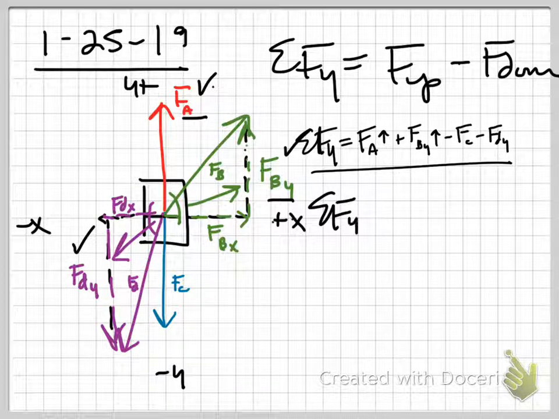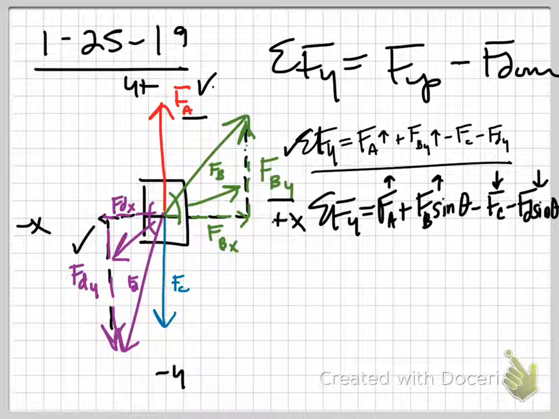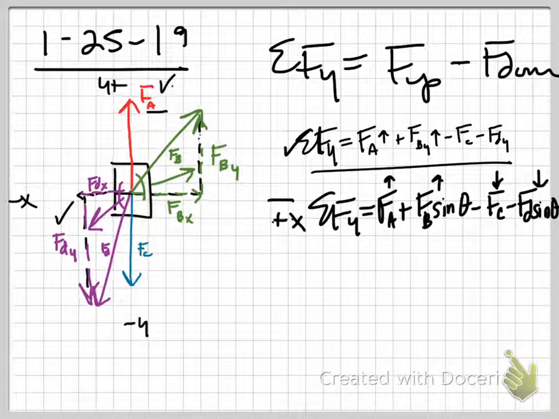So sum of forces on the Y equals FA plus, and that's up, FB sine theta minus FC minus FD sine theta. And I put those stupid little arrows in because when I don't, I get predictable results.